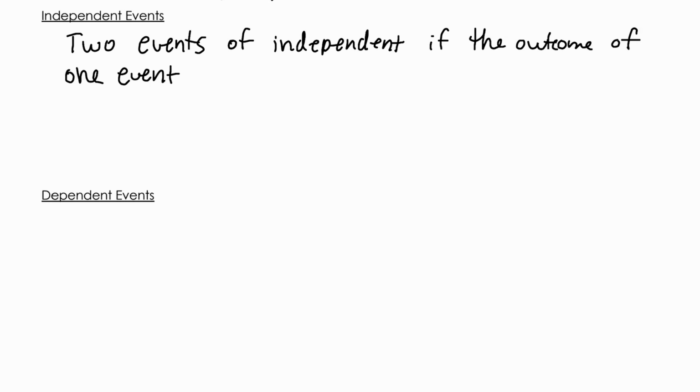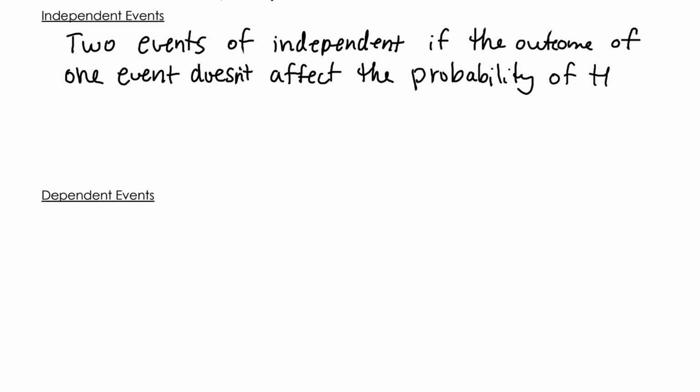Two events are independent if the outcome of one event doesn't affect the probability of the second event.